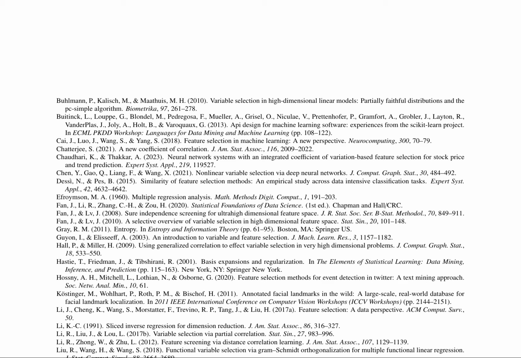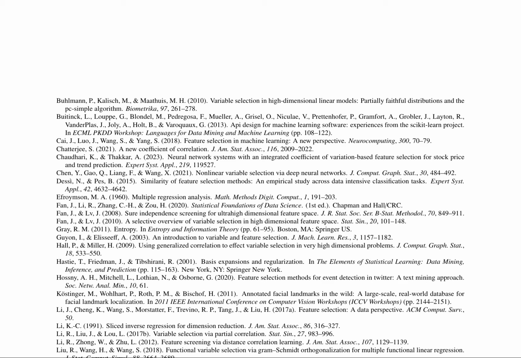Sure independent screening, for instance, is a popular method that uses a two-stage approach to identify relevant features. In the first stage, a screening function is applied to each feature to eliminate those with weak correlations with the response variable. In the second stage, a multiple regression model is fitted to the remaining features to determine their significance.